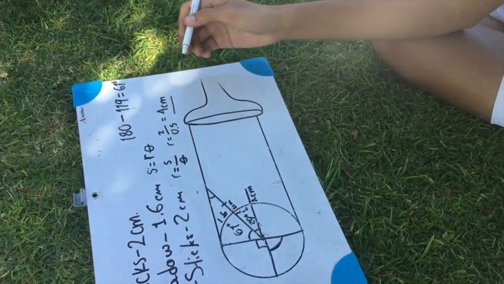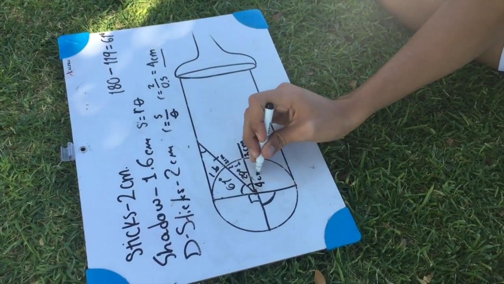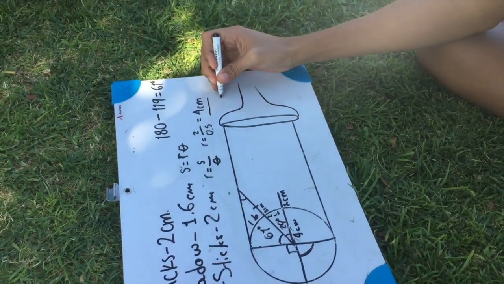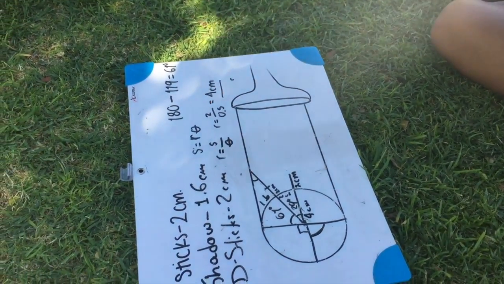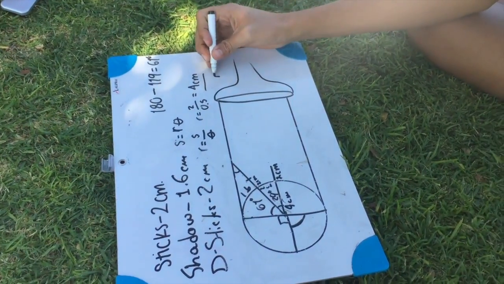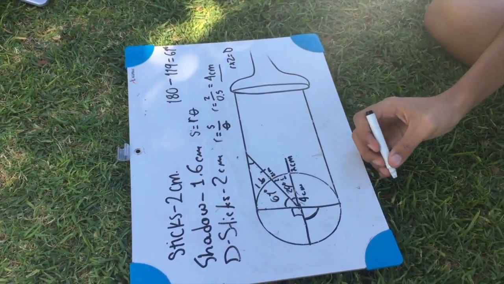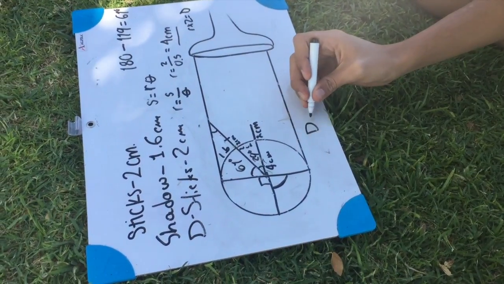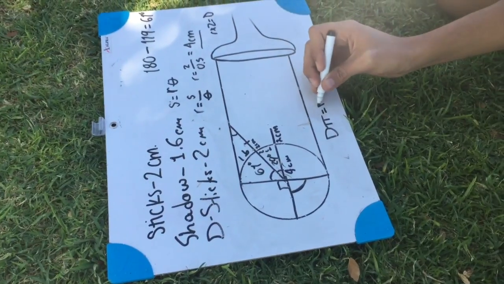So now that we have our radius, that is of 4 centimeters, we're gonna write here the 4 centimeters, and we know that radius is like a line from the center of the circle to a side. So radius times 2 is gonna be our diameter, and we know that the diameter multiplied by pi is gonna give us the whole circumference.